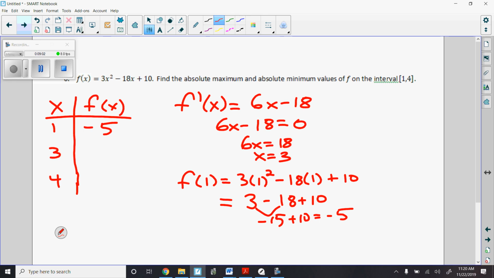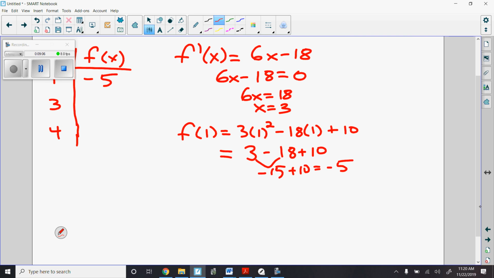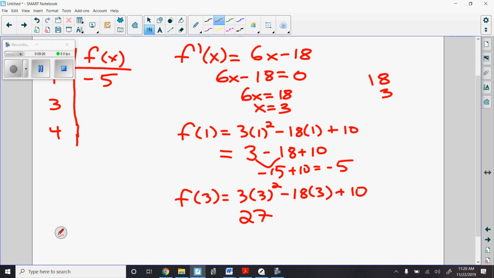Okay, next I'm testing 3. Three squared is 9. 9 times 3 is 27. I don't know what 18 times 3 is off the top of my head. I'm just going to do some long multiplication here. 3 times 8 is 24. 3 times 1 is 3 plus 2 is 5.